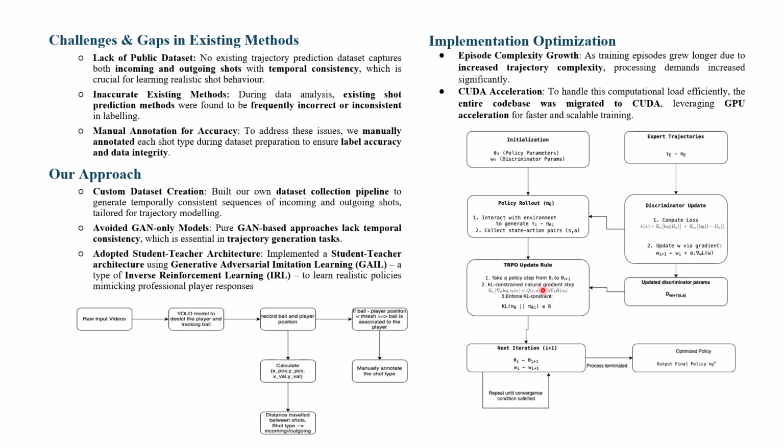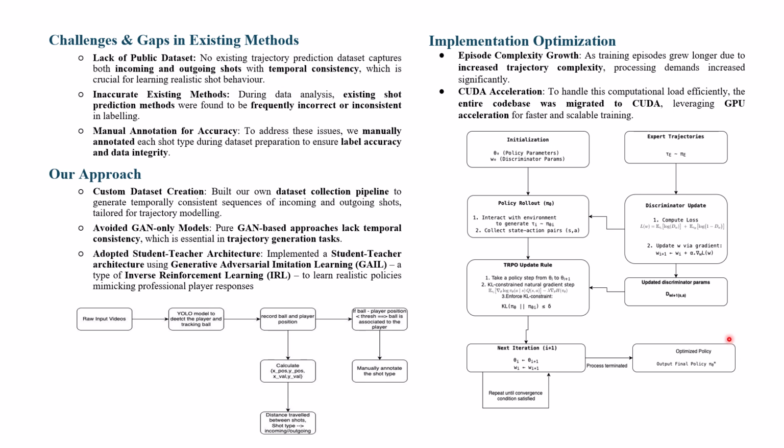We update the policy using trust region policy optimization, which ensures stable learning by constraining the policy changes within a trust region using KL divergence. This loop continues until the policy successfully imitates the expert behavior. At the end, we get an optimized policy that can mimic how a real player would respond to an opponent's shot.